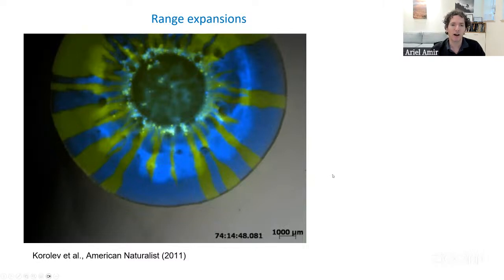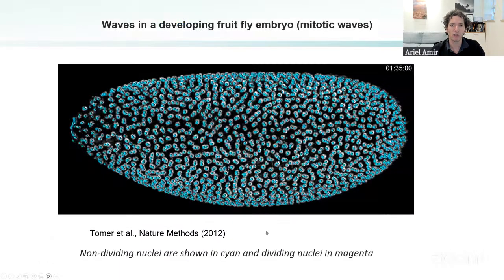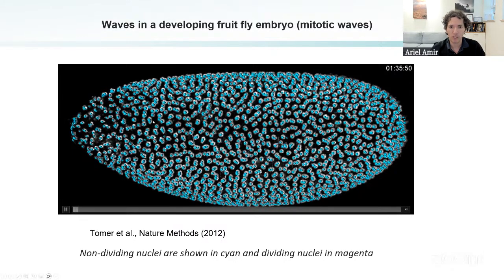And in fact, there are other instances in biology where the combination of diffusion with this nonlinear feedback leads to a propagating wave. So this is one example from nuclear divisions in a developing fruit fly embryo. Sorry, this jumped.